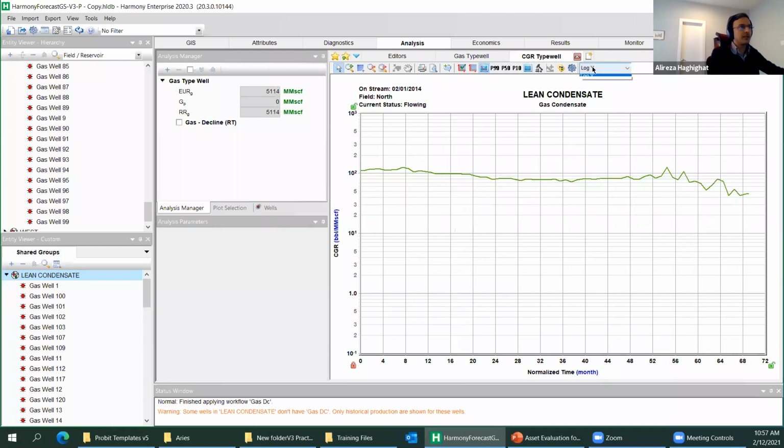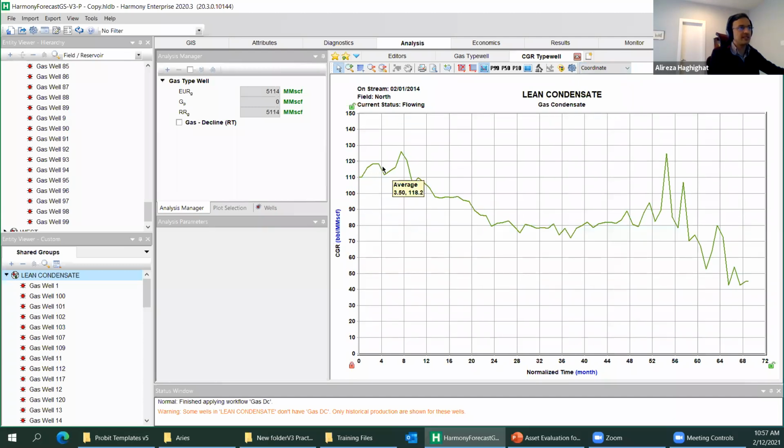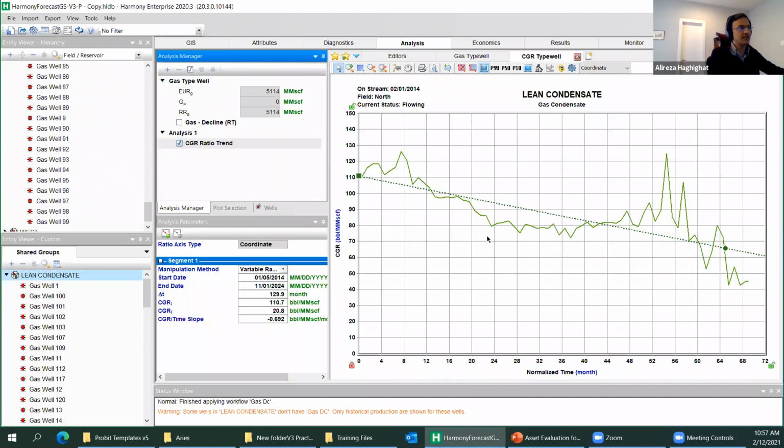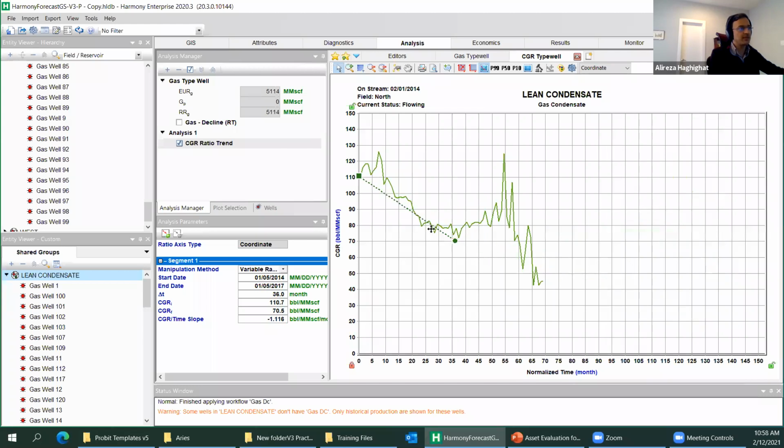Okay, so let's look at condensate to gas ratio in more detail. You can see we probably see one or two trends for condensate to gas ratio. So I click here, condensate to gas ratio. I can use two different segments. One segment tells me initial condensate is around 120, and it reaches probably 80 barrels per MMCF within 25 months.